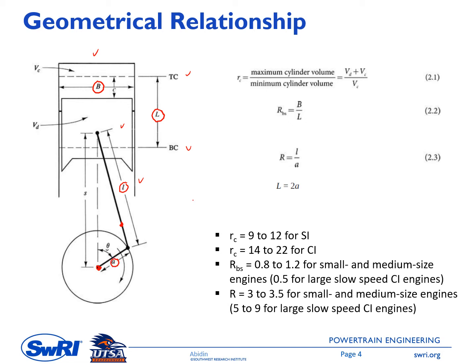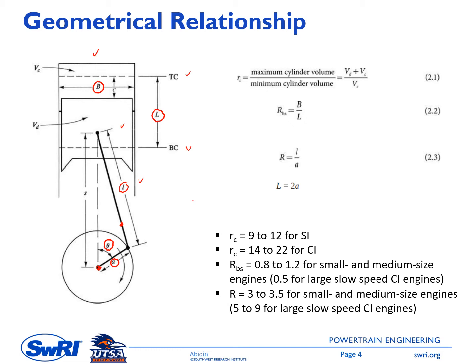And we have theta here. This is a very, very important parameter. This is the crank angle, and the unit is in degrees. You will see later on that a lot of parameters are represented as a function of this crank angle theta. And then next, we have a parameter here.